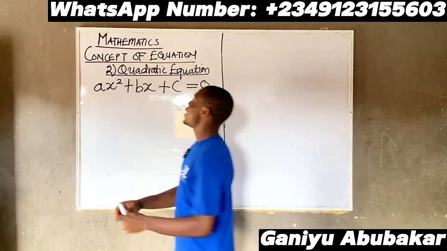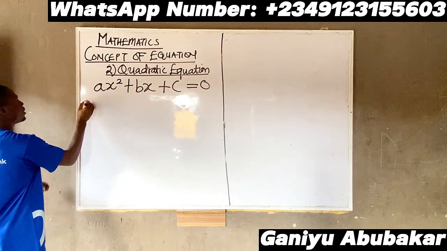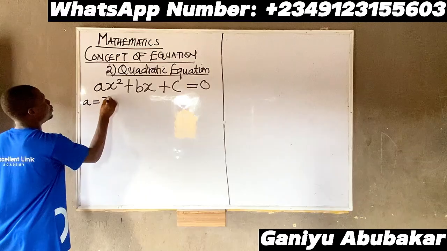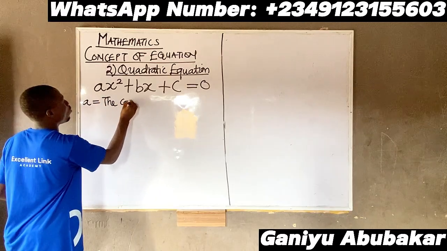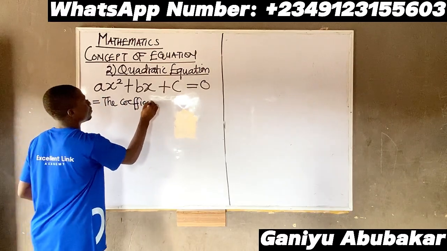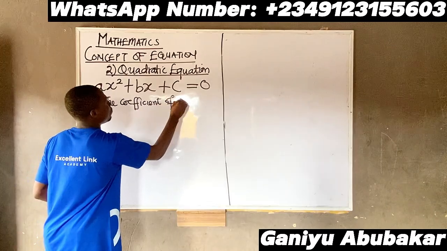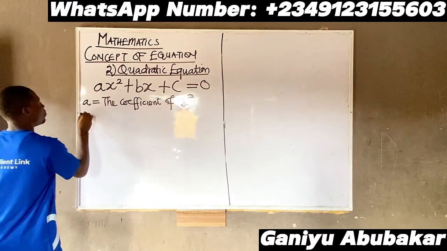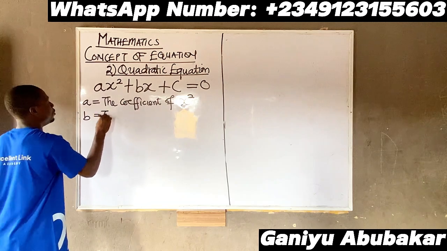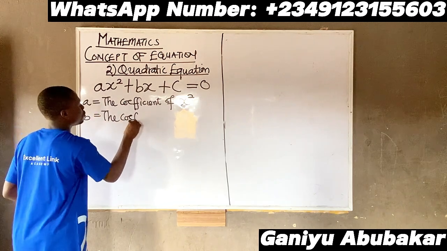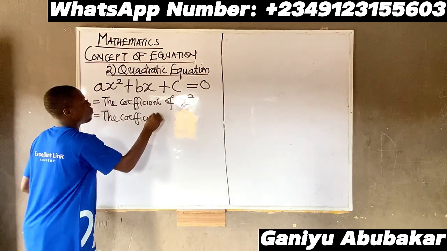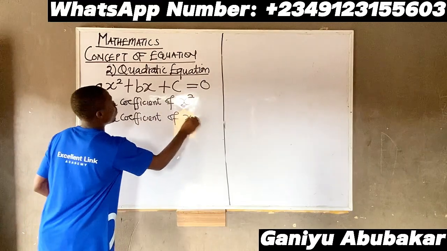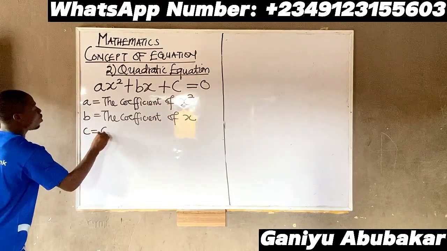Please don't forget that a is called the coefficient of x squared. B is called the coefficient of x, while c is called the constant.